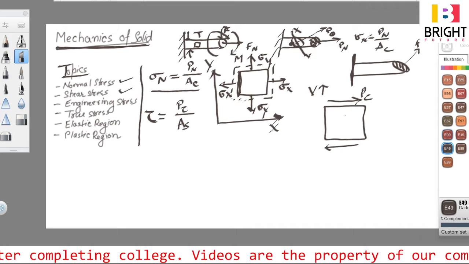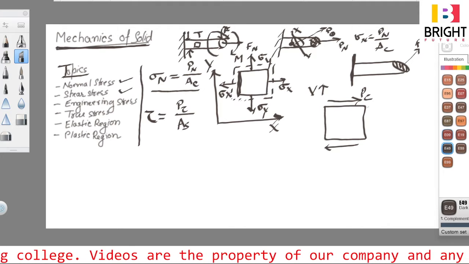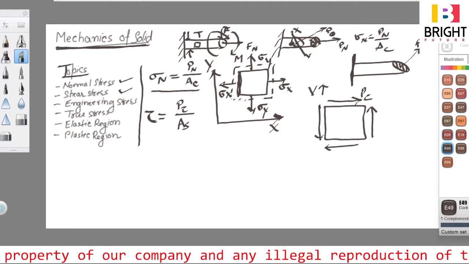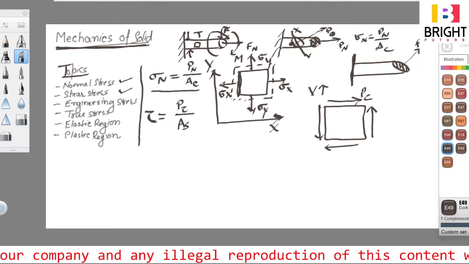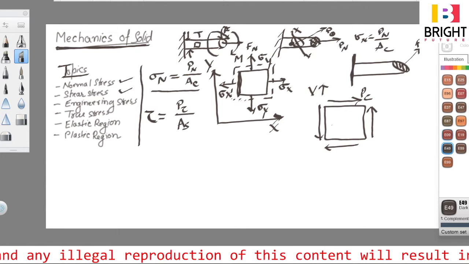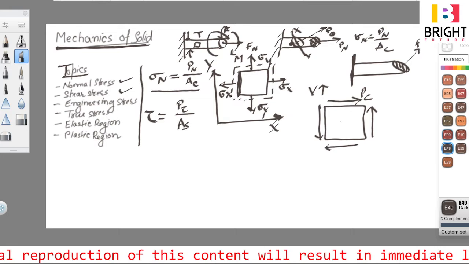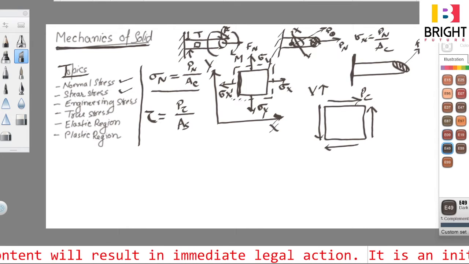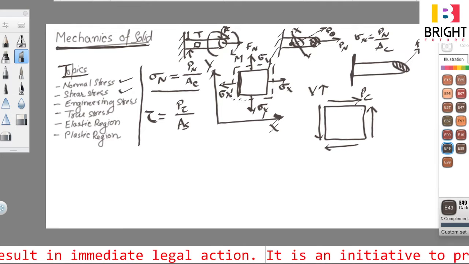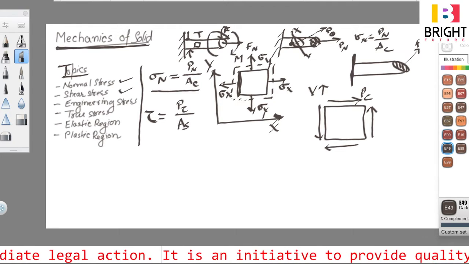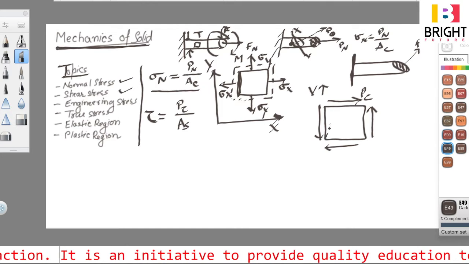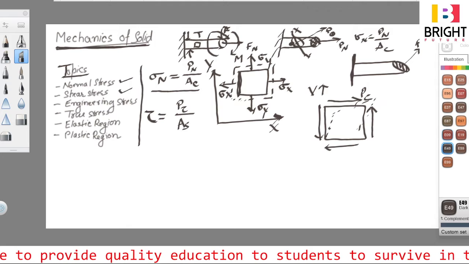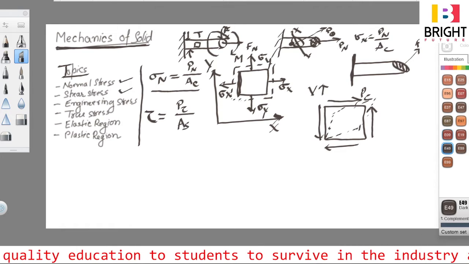I am drawing the free body diagram of this element, right? So there will be a force like this and a reaction like this. Every action has an equal and opposite reaction. What kind of shape will this element get after application of this force? How will this solid material behave under different forces? Its shape may get distorted, it will become something like this. So you are able to understand that it will distort the shape.